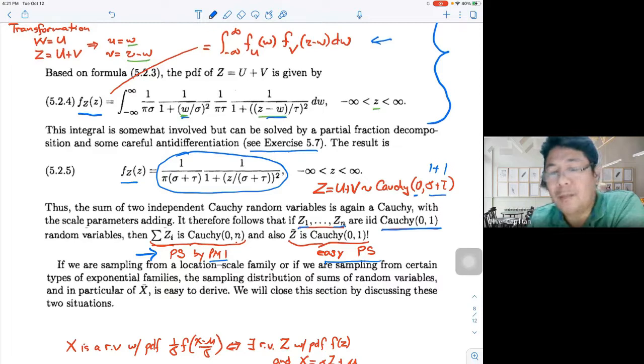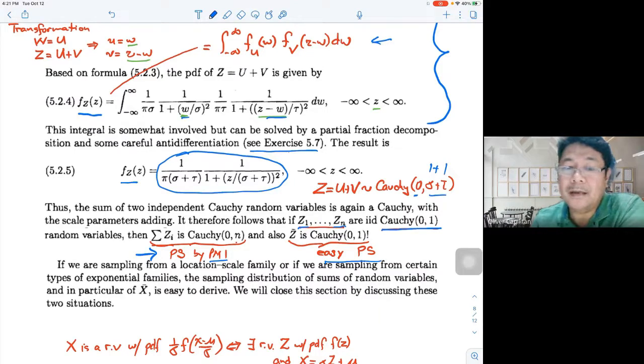In this last example, in which the moment generating function technique is not applicable, we used the convolution formula to first determine the distribution of the finite summation of our random variables.